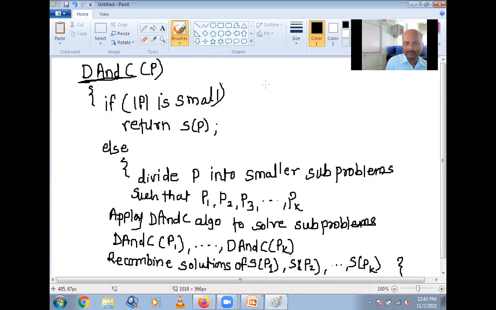And in this problem, this P denotes the problem size. And here S of P is the solution of the problem.